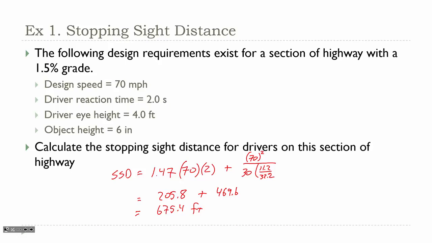Which one's going to be more conservative? The negative. So if they're going downhill, it's going to take them farther to stop. So the more conservative estimate would be to assume negative, and grade here is in percent or decimal? So percent divided by 100 would be a decimal. That's going to change this answer.